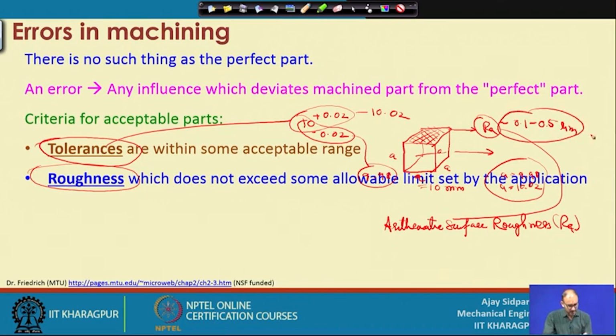So, what is this Ra? Suppose this is one particular surface. Whatever this top part is, right now we have given a completely flat surface.